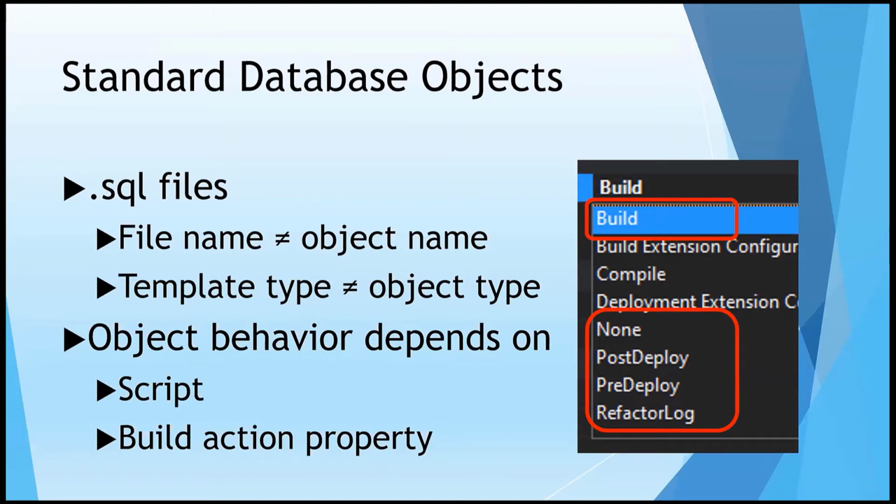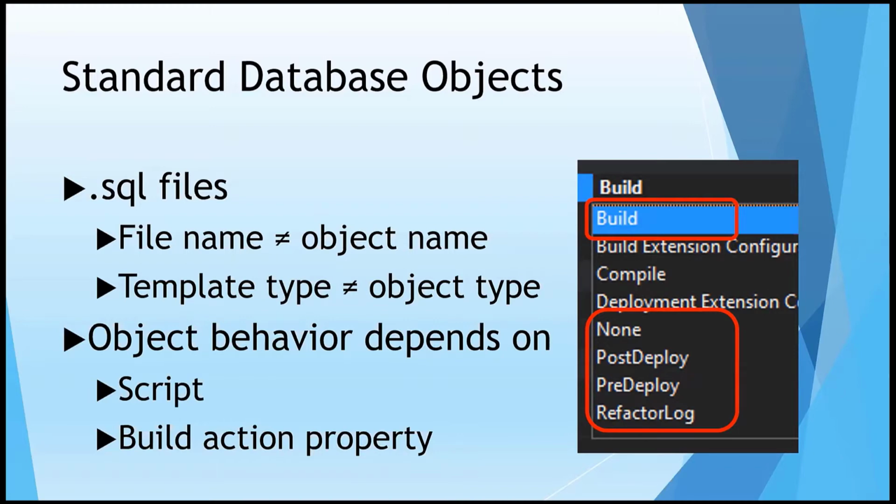So mainly the behavior of an object is going to depend on what you put in that script. But it also depends on the build action property you apply to that script. And that's just a standard drop-down in the property window for that file. I've highlighted the meaningful values on the right there.